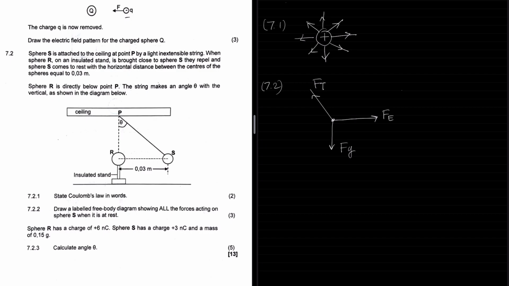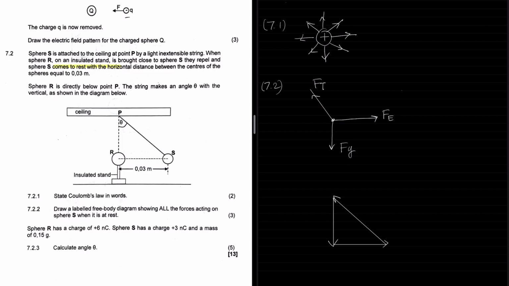So I'm going to draw an arrow going down for gravity, then the electrostatic force to the right, and then the tension force, like so. And what's important to know is that since this sphere is at rest, it means that all the forces are in equilibrium.